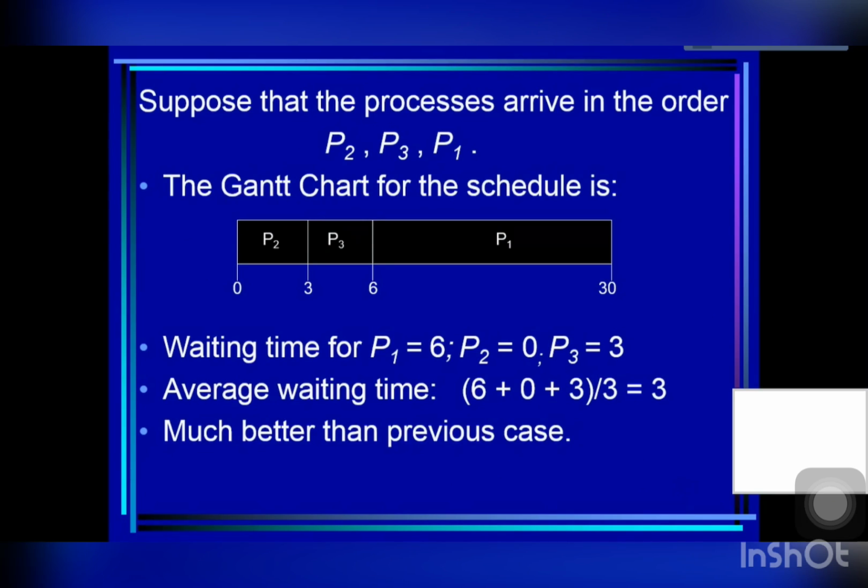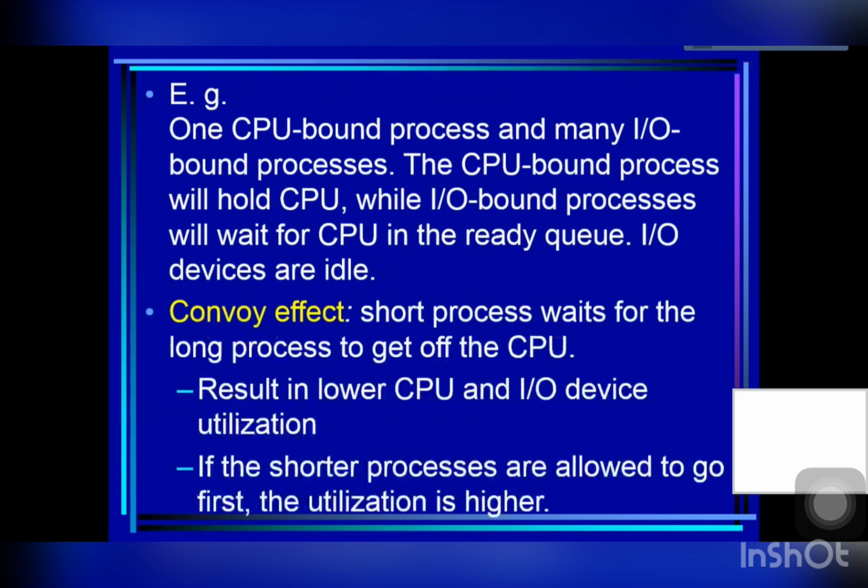Okay, so in addition, consider the performance of first come, first served scheduling in a dynamic situation. Assume we have one CPU-bound process and many I/O-bound processes. As the processes flow around the system, the following scenario may result.